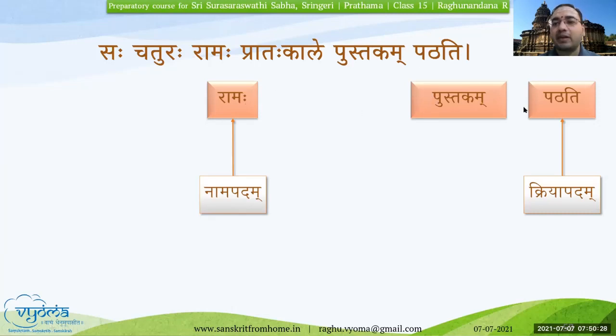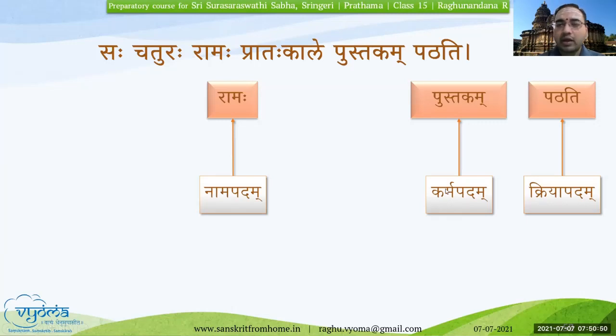Ramaha Pustakam Pathati. This becomes the Karma Pada. In general, any sentence you take, these three should be there or will be there. So, Karta, Karma and Kriya. Based on the kriya pada, a karma pada may exist or may not exist. That is a possibility that we shall understand further in the upcoming classes.